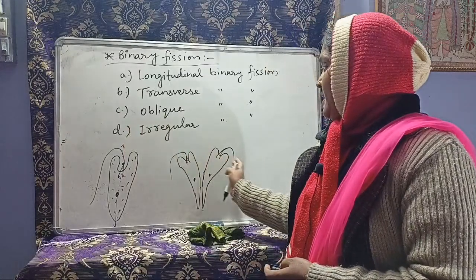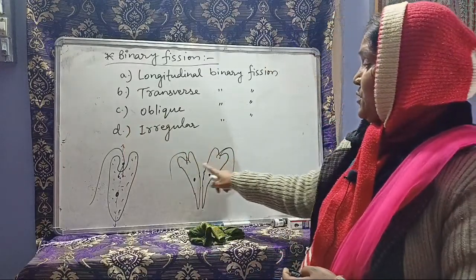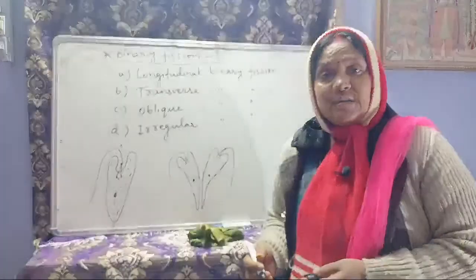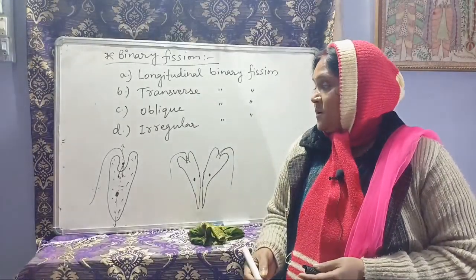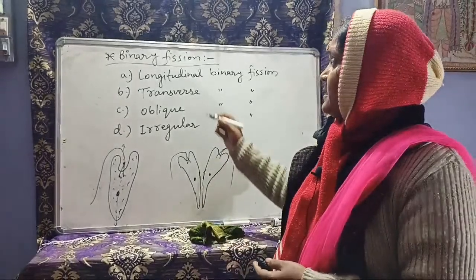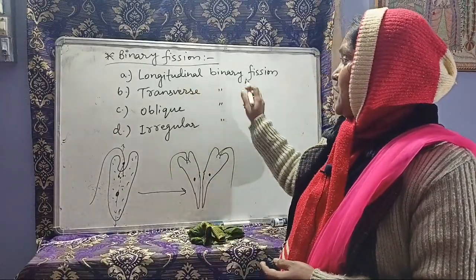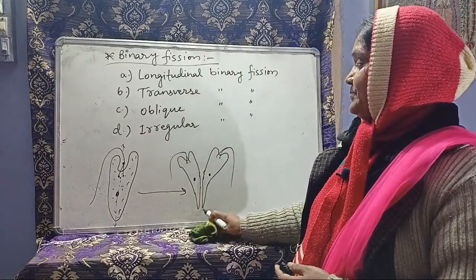Parent Euglena produces two daughters through the longitudinal axis. Due to this reason, this type of binary fission is called longitudinal binary fission.